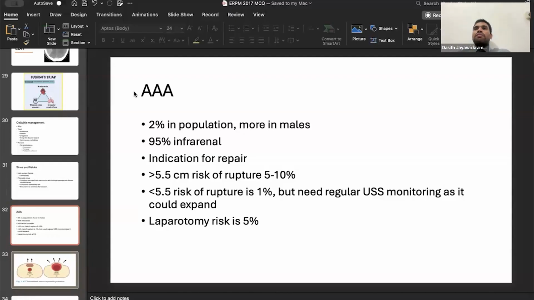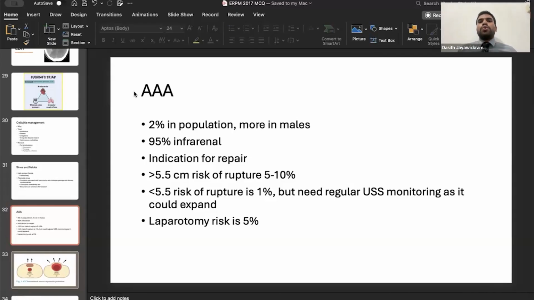aneurysm, we decide to intervene or not intervene. So imagine the aneurysm is less than 5.5 centimeter. The risk of it rupturing during the patient's lifetime is 1%, unless it expands. But imagine we do a midline laparotomy, the mortality rate is almost 5%.